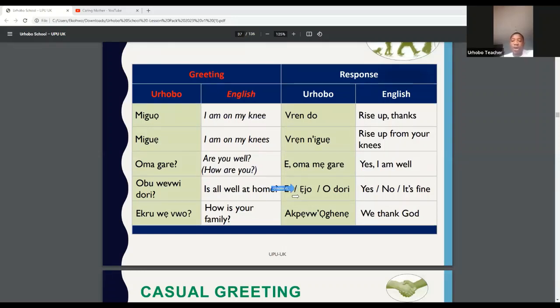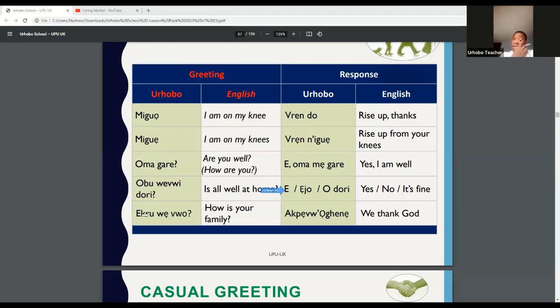So to Obunwewi Dori, you can say A, Odori, or ejo. When you say ejo, it means no, home is not well, or all is not well at home. So A, Odori, ejo, any of them.